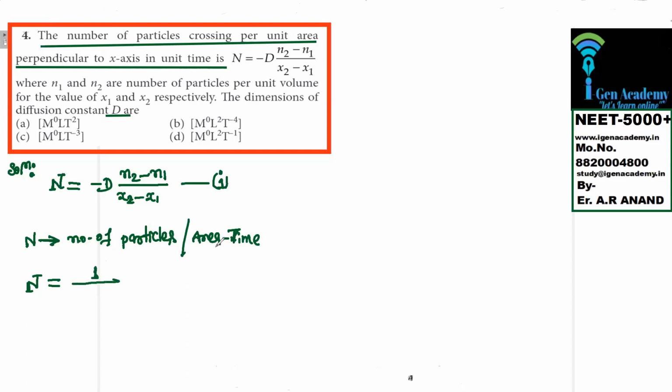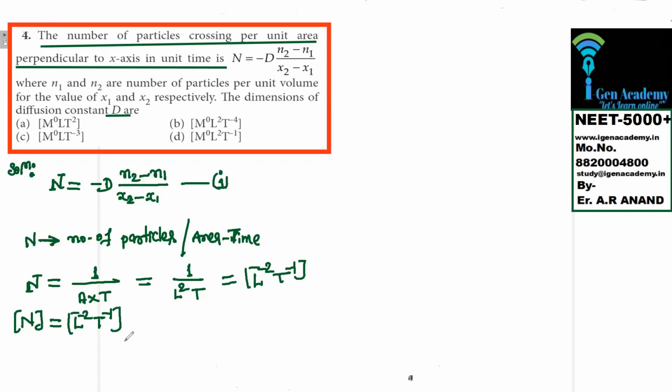Area, I'm going to put A, and time I'm going to put T. Now, what is the dimension of area? You will write L square, and for time it is just T. So it is going to be L minus 2 T minus 1. This is nothing but the dimensional equation for capital N: L minus 2 T minus 1.